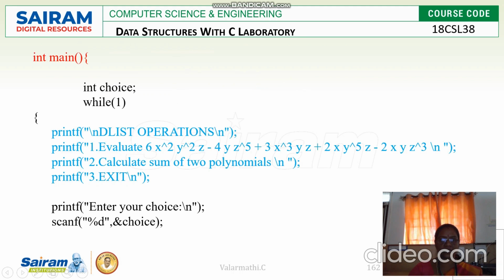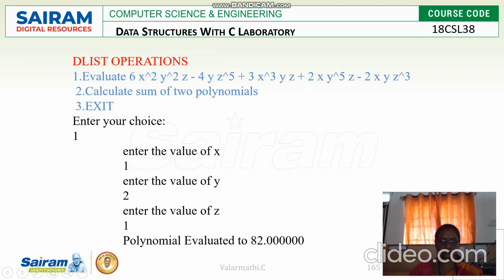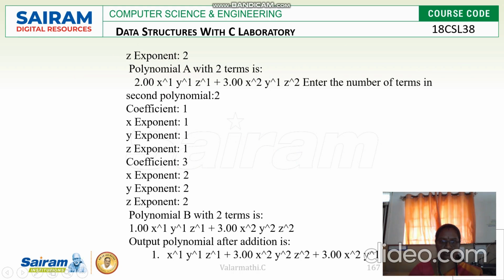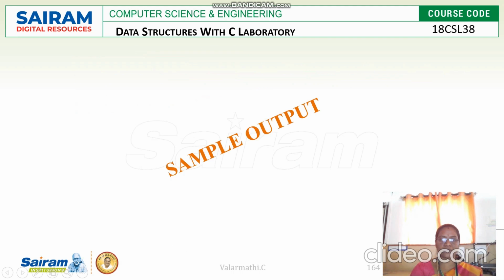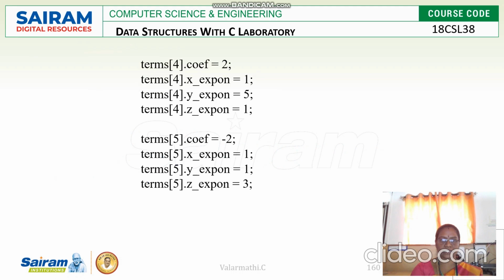How it looks means first, yes, so this will look like this. Polynomial B with two terms is displayed like this. Then similarly polynomial A with two terms will be displayed like that. So in order to make it in this form, we have this kind of statements here.